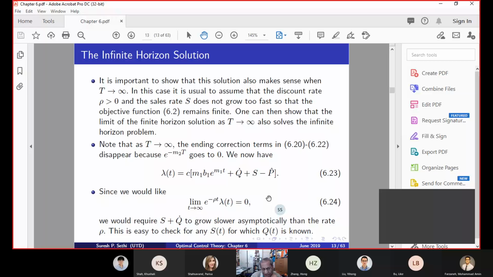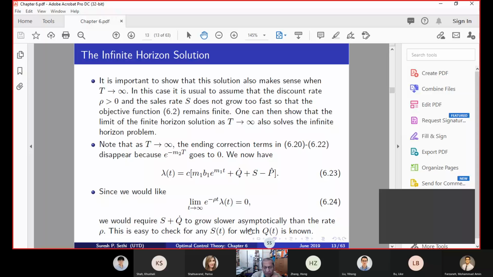We can show that for that to be equal to 0, this quantity has to not grow very fast. It has to grow slower than rho. Then e to the minus rho t will kill it as t goes to infinity, and this will then become 0.